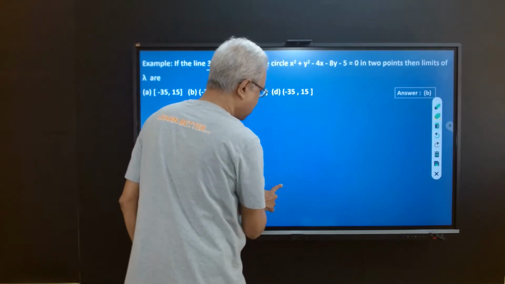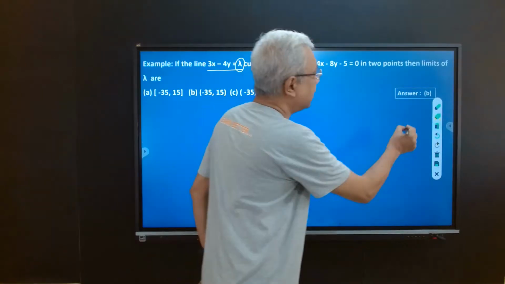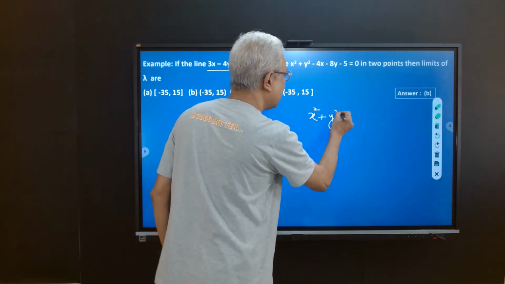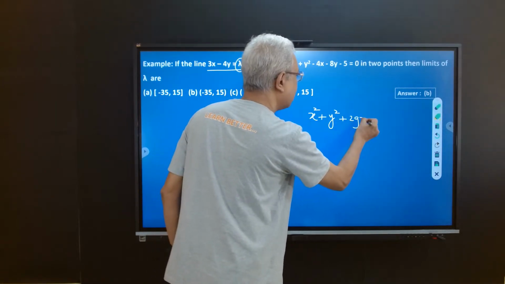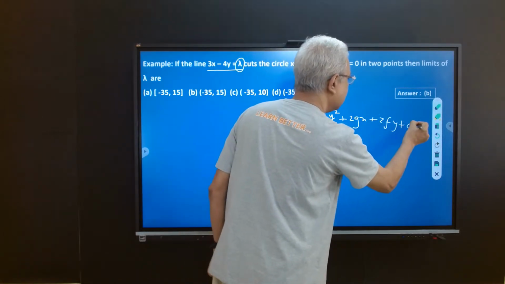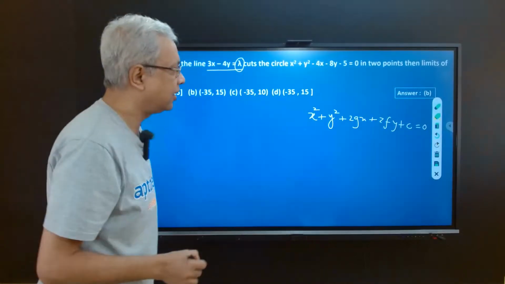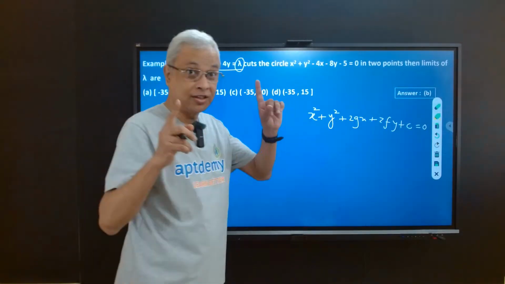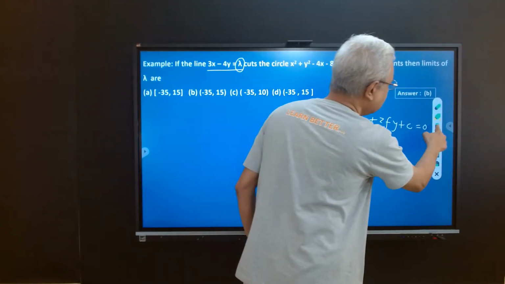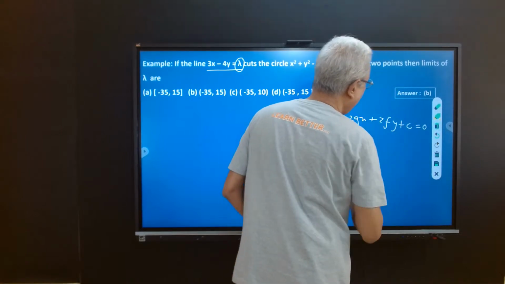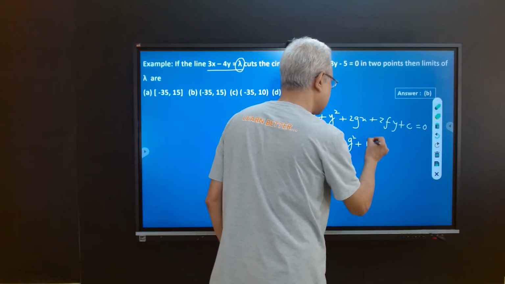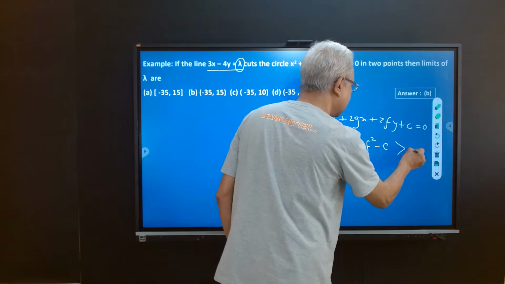We have already discussed in our regular classes that this represents a circle provided g square plus f square minus c is greater than 0.